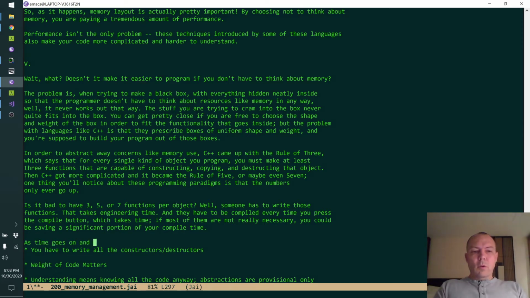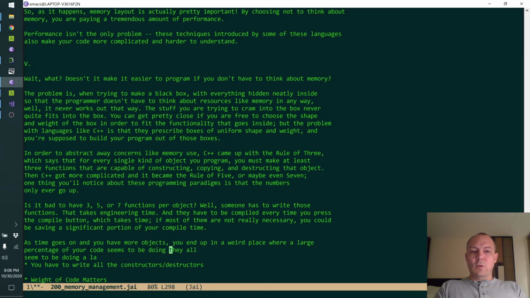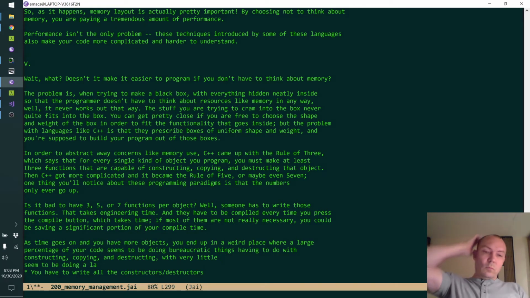As time goes on and you have more objects, you end up in a weird place where a large percentage of your code seems to be doing bureaucratic things having to do with constructing, copying, and destructing, with very little actual work being done.